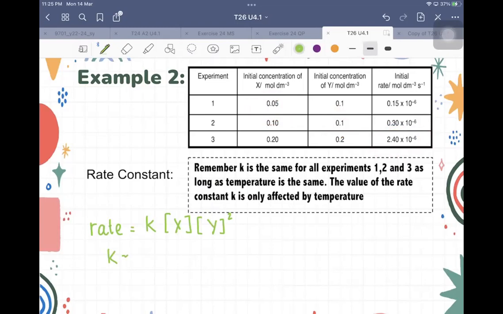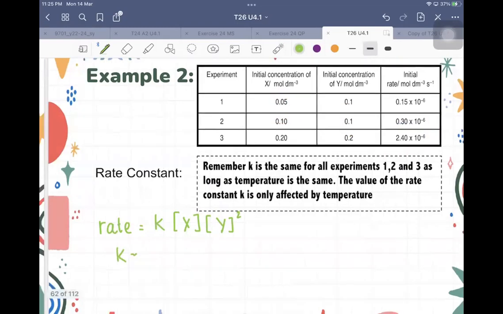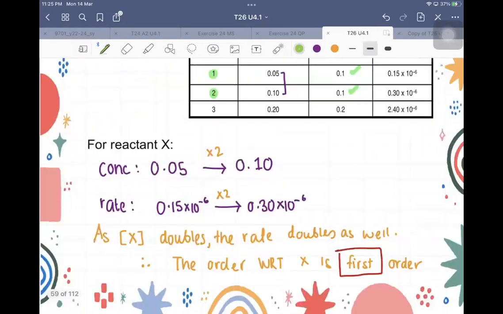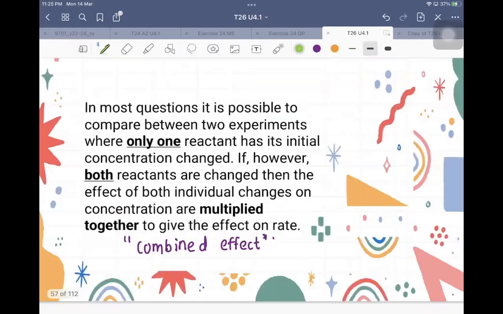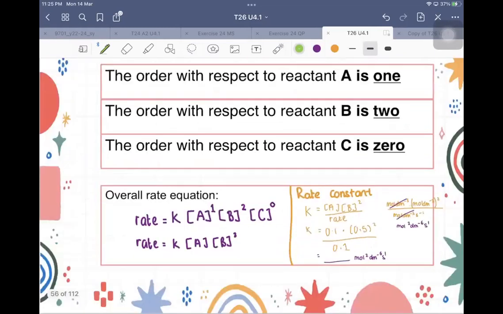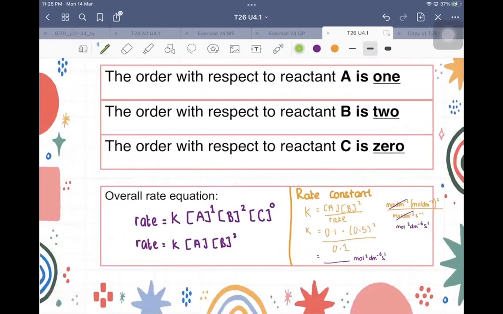Rearrange K, it should give me... wait, is that even correct?